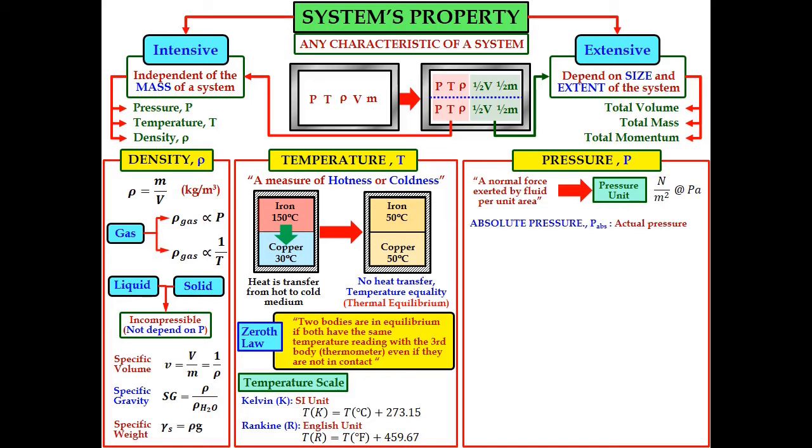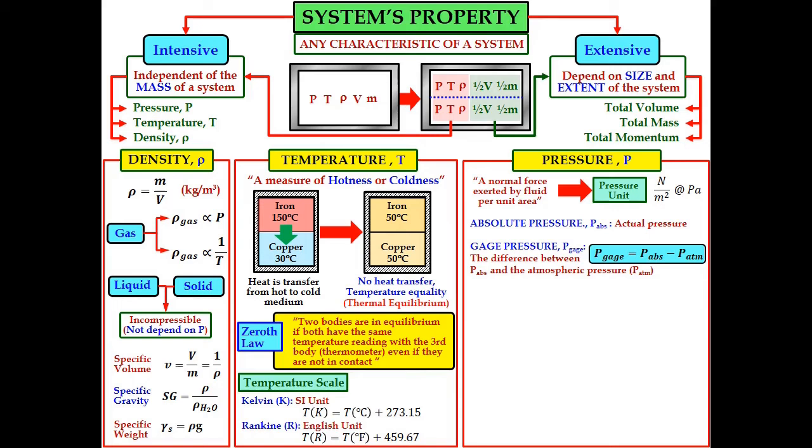There are three types of pressure. First, we have absolute pressure, P abs, which is the actual pressure. The second is gauge pressure, P gauge, defined as the difference between the absolute pressure and the atmospheric pressure, P atm.